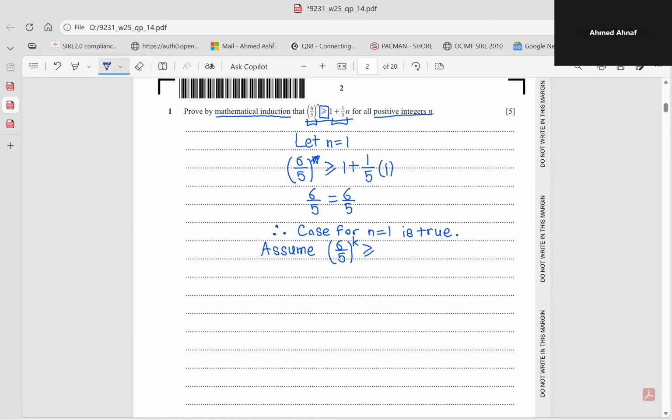It's up to you. So yeah, you have to make the statement, assuming that 6 over 5 to the power of K is more than or equals to 1 plus 1 over 5 times K for every value of K. And you also have to define K. So here we're going to write where K is a positive integer.